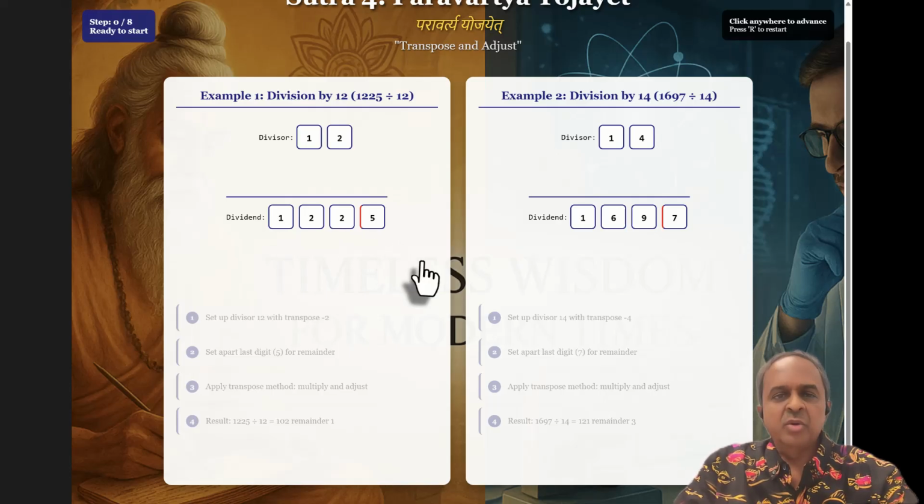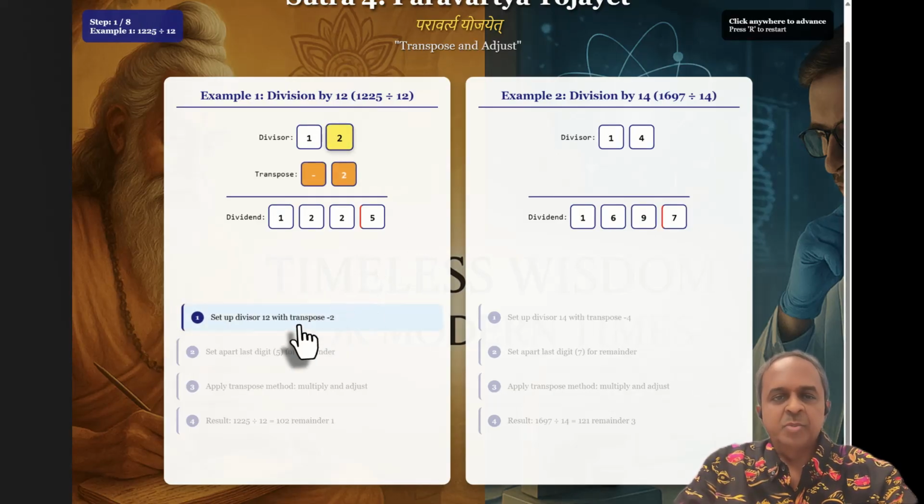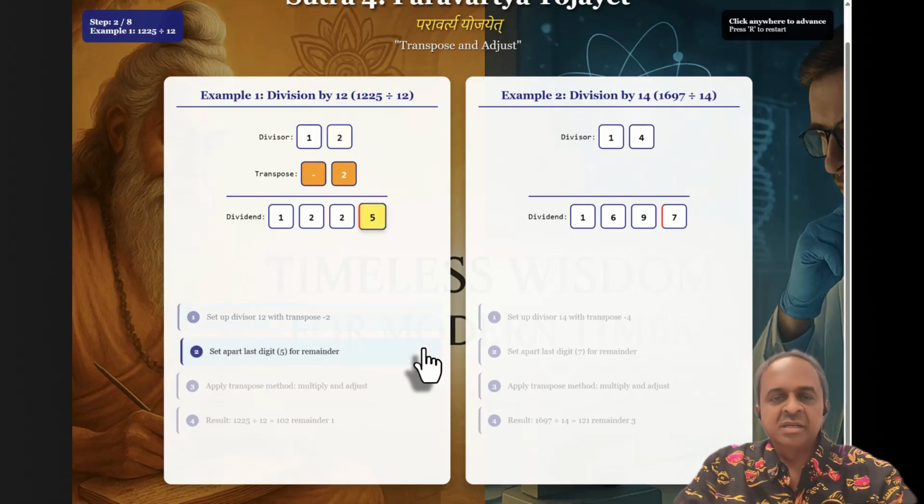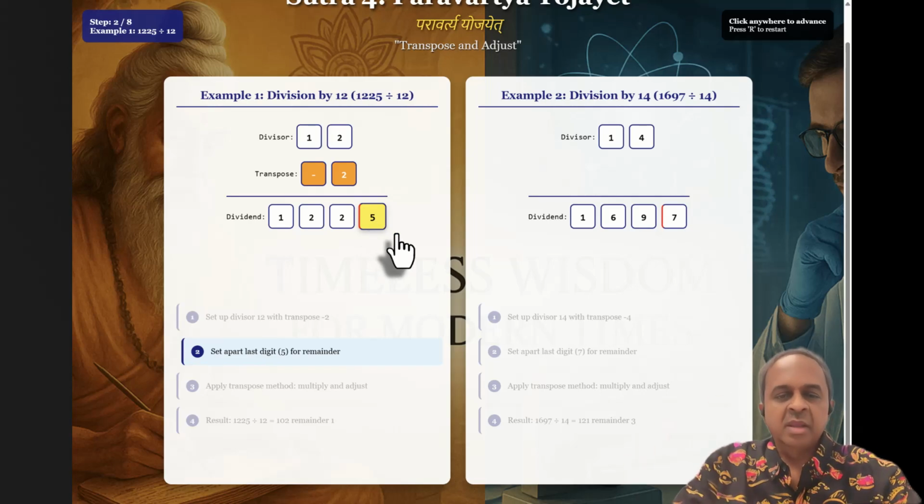So like we said, we're going to take the units digit of the divisor, and then we create a transpose of it. So the 2 becomes -2. Then we will set apart the last number, which is 5 in this case, for the remainder. The last remainder we'll consider later.